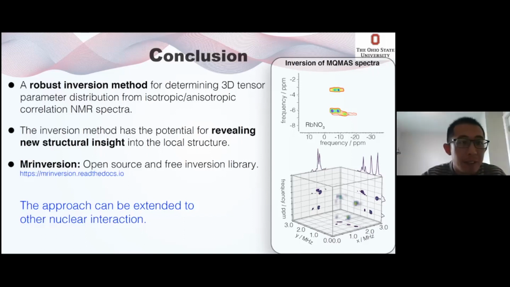All right, and the next question is from Dominic Massiot. The question is, when treating two-dimensional experiments, do you have a regularization on the isotropic shift dimension?